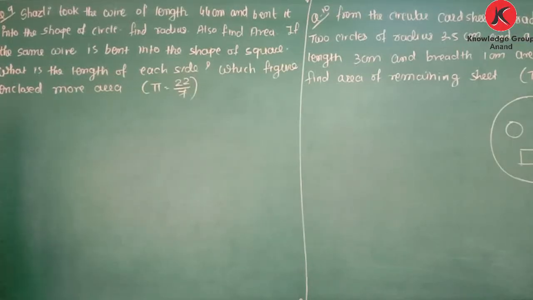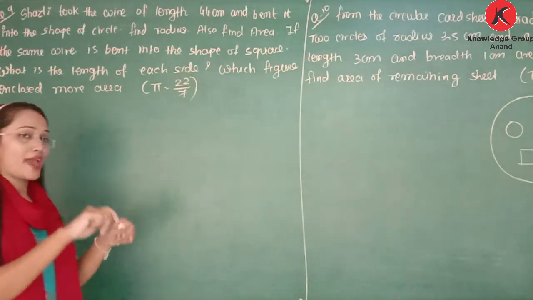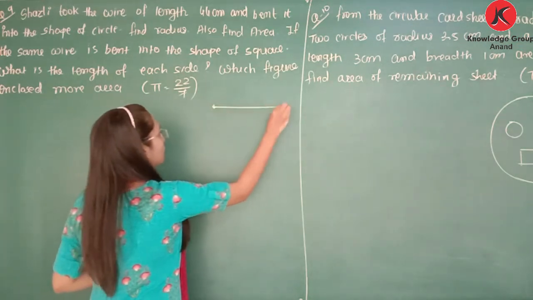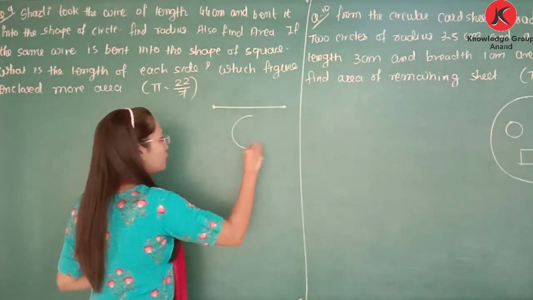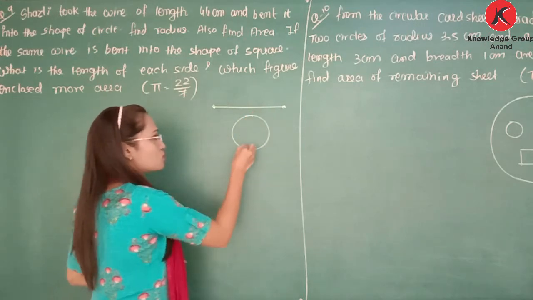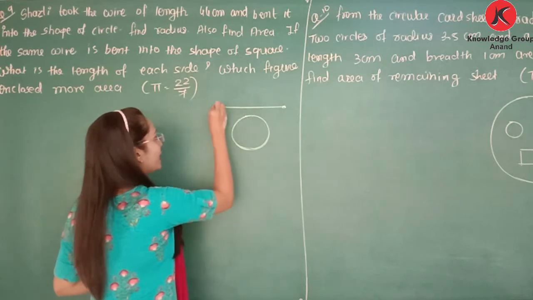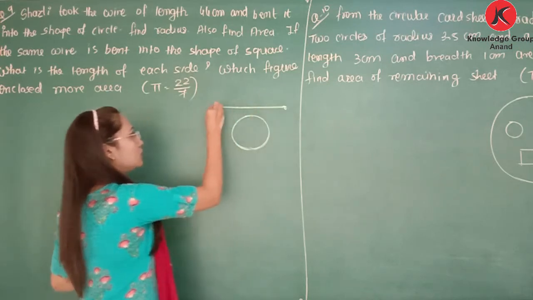Now let's take the next example, question number 9. Here Sasli took a wire of length 44 cm and bent it into the shape of a circle. One wire is given and it is bent into a circle, so we make a circle from this wire. So circumference of the circle will be equal to the length of the wire.